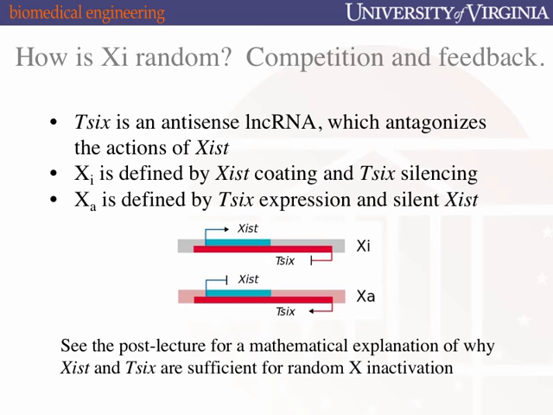So I have about a 20-minute post-lecture to provide a mathematical derivation. I'm going to give you an introduction on dynamical systems theory from the perspective of Xist and Tsix, which explains how, in the language of differential equations, these two competing processes and the interlinking of positive and negative feedback can give rise to this split into two states, an active state and an inactive state.